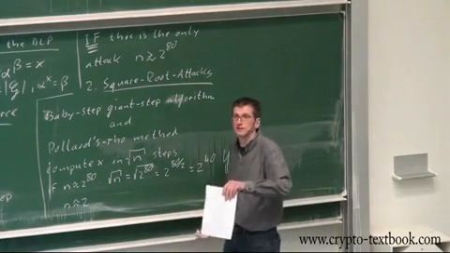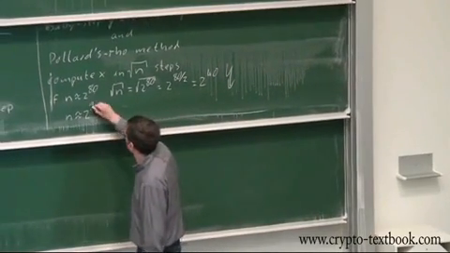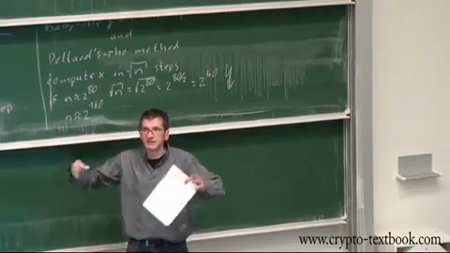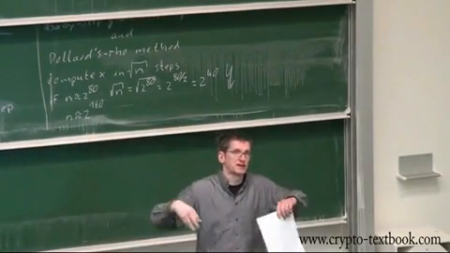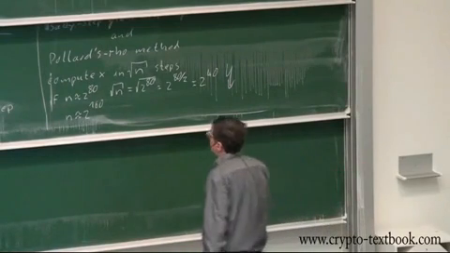What do you think? 160, exactly. If n is 2 to the 160, that means the group elements are represented by 160-bit numbers.